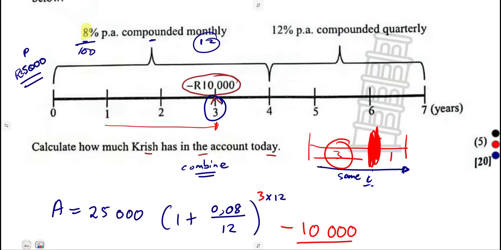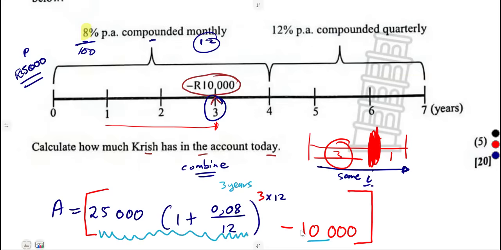Then we subtract 10,000 from that value. So let's put this bracket like this. This is for the 3-year period, because at the end of those 3 years, she had to remove 10,000 from whatever her money had increased to in the bank.